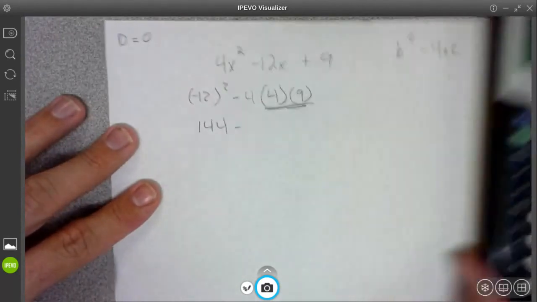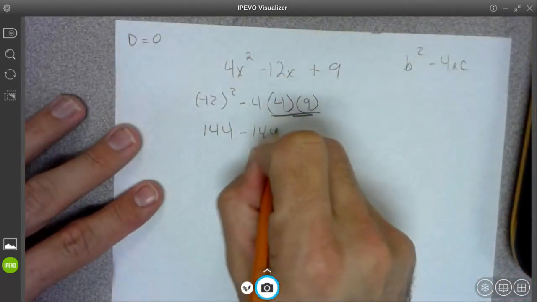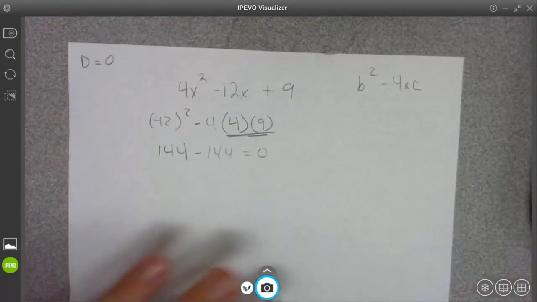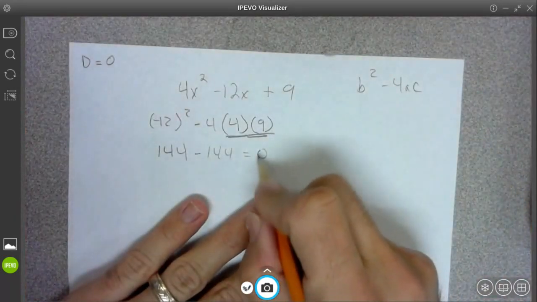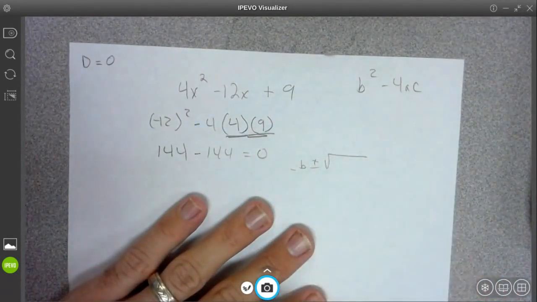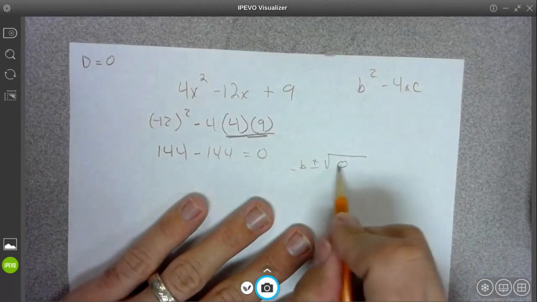That's also 144. And so what you get is 0. So if you square root negative b, I'm just going to write it out so you see what I mean here. 0, that's the discriminant.